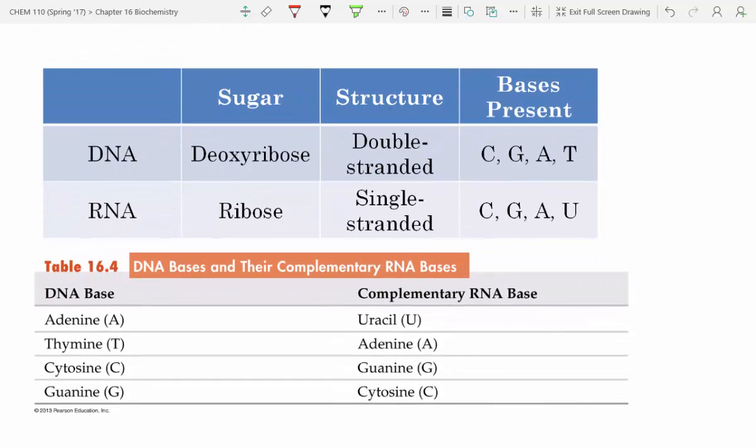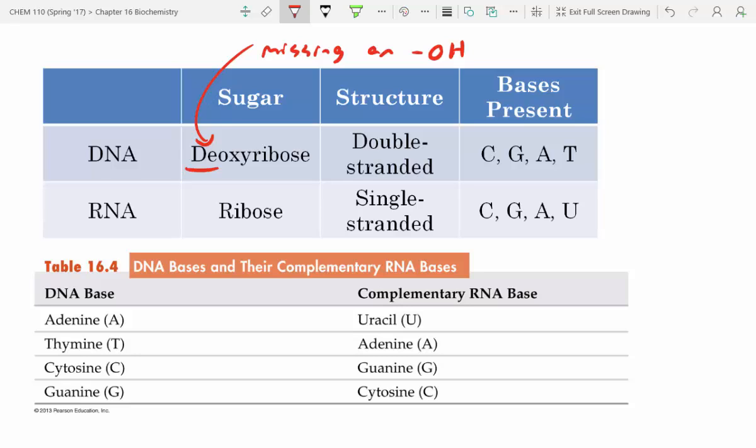Just to reiterate, the main differences between DNA and RNA is that DNA has a sugar that's missing an OH. DNA is usually found in your body as a double strand helix, and the base pairs are adenine, thymine, cytosine, and guanine, so CGAT.